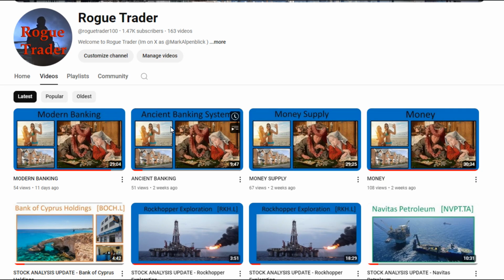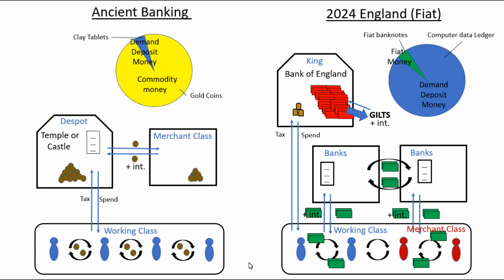Now, I've covered these in detail in my previous two videos, but I'll just briefly summarize these different steps that got us to the fiat banking system.